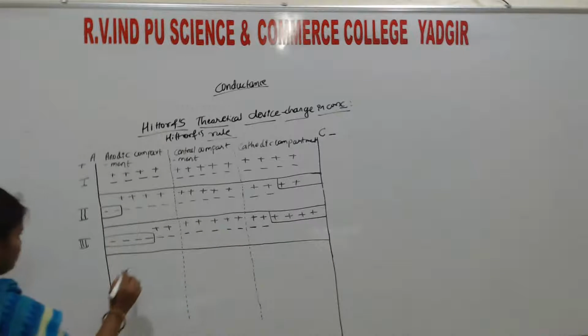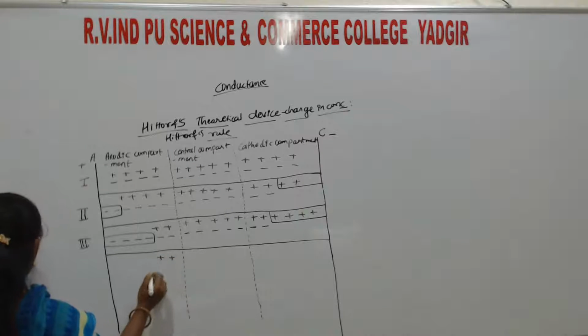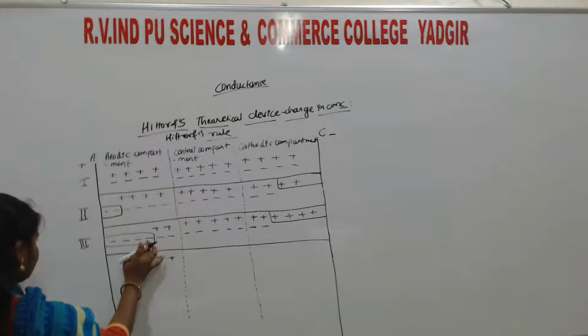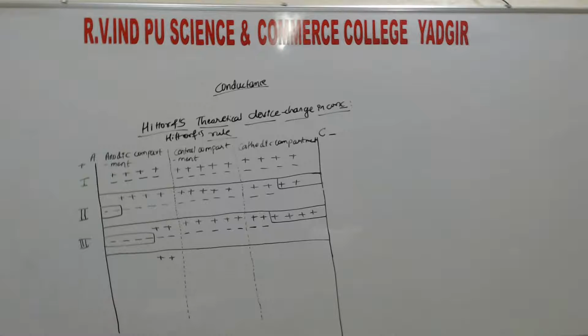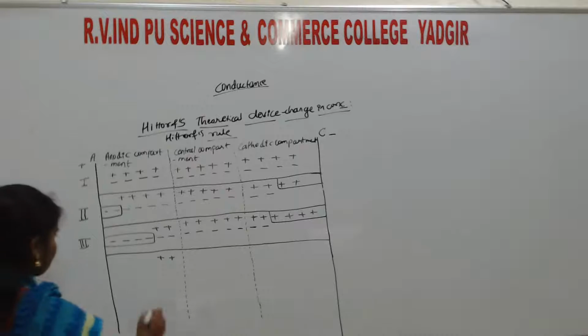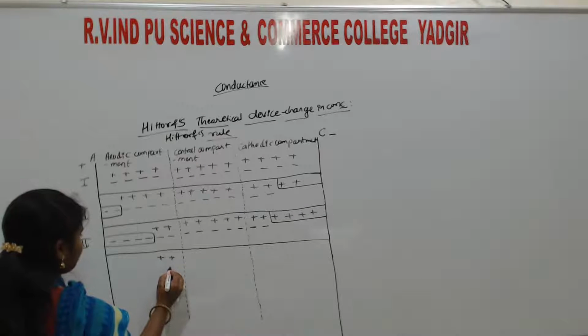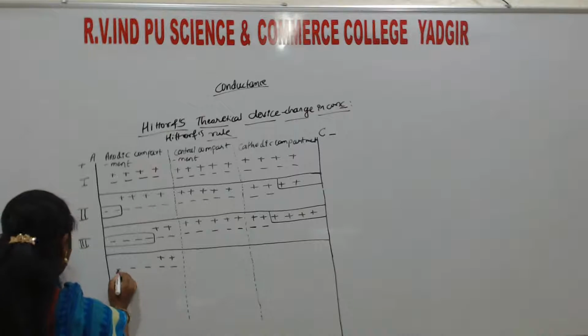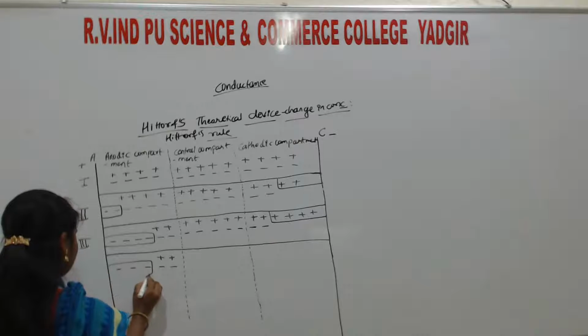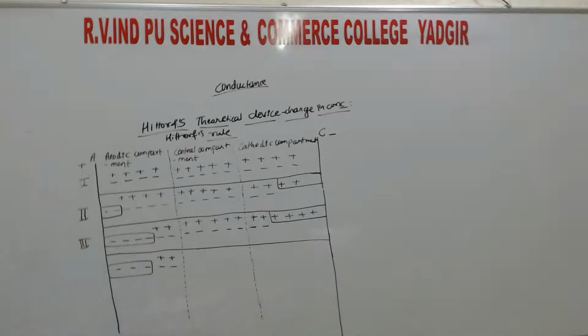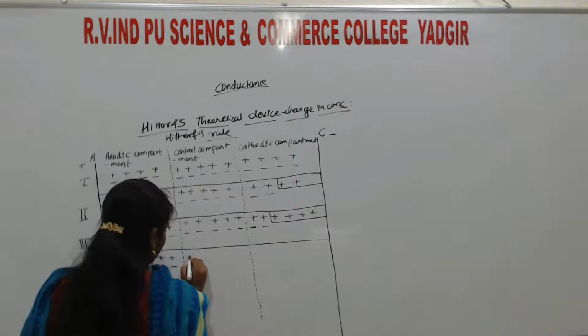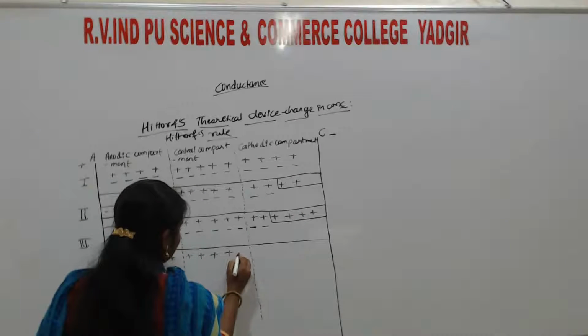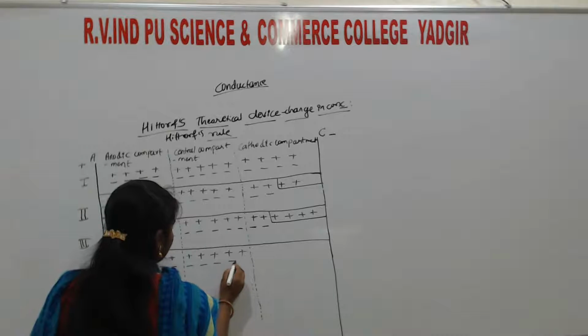Next, here 2 positive ions and here 1, 2, 3, 4, 5, 6. And 1 anion goes to that side, only 1 anion transferred. Remaining only 5 anions, 1, 2, 3, 4, 5. And these 3 are separated, and these 2 are the pairs. And here the same 1, 2, 3, 4, 5.